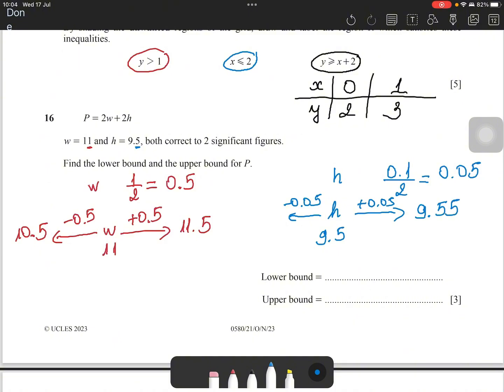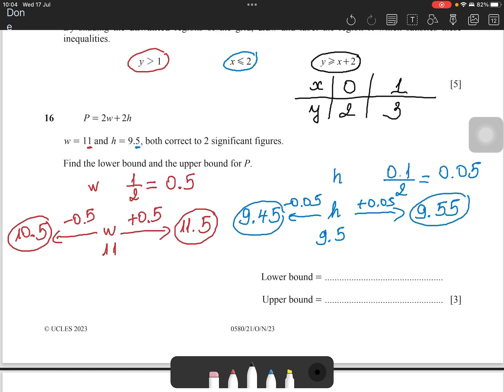And when we subtract 0.05, we get 9.45. So remember, these are the upper and lower bounds for W, and these are the upper and lower bounds for H.